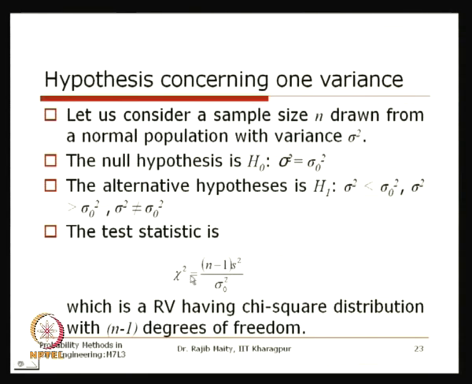So, we can use this statistic to test for a single sample variance. Sigma naught is some threshold value which we are inferring for this population, and this statistic has a chi-square distribution with n minus 1 degrees of freedom.